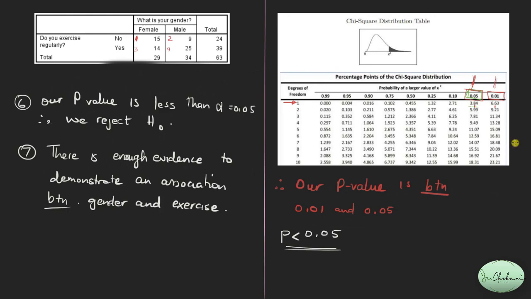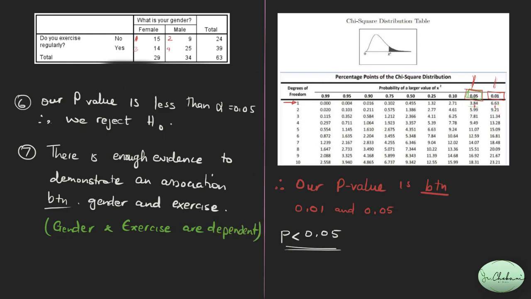Another way to say it, if you want to use the word dependent or independent in your conclusion, you may say there is enough evidence to show that gender and exercise are dependent. Okay? So gender and exercise are dependent.